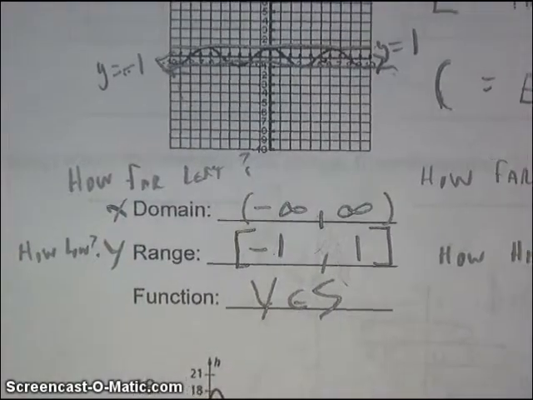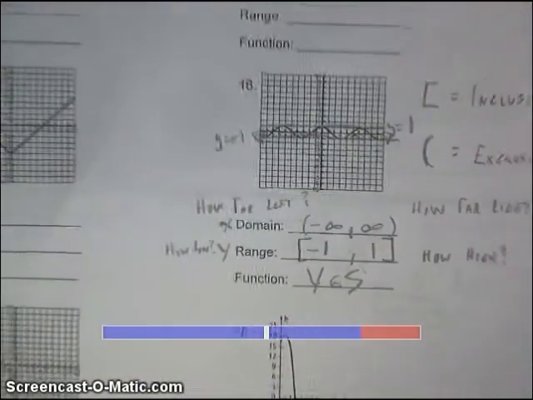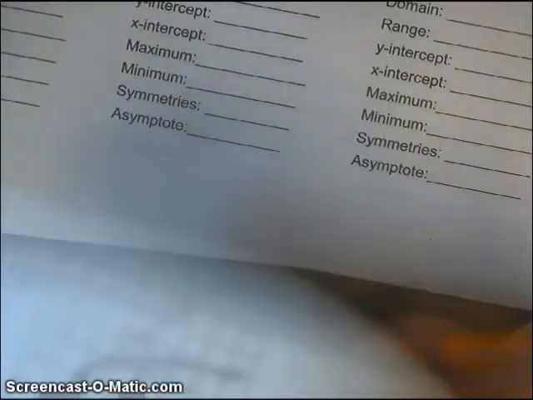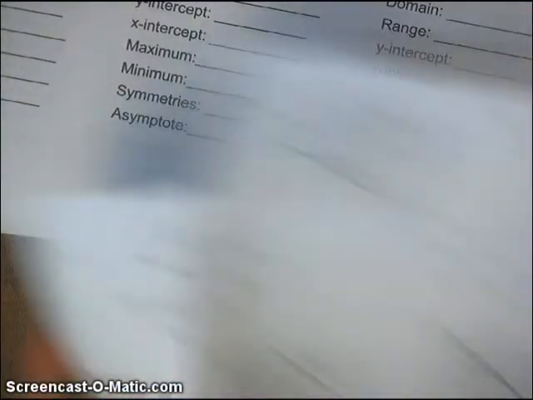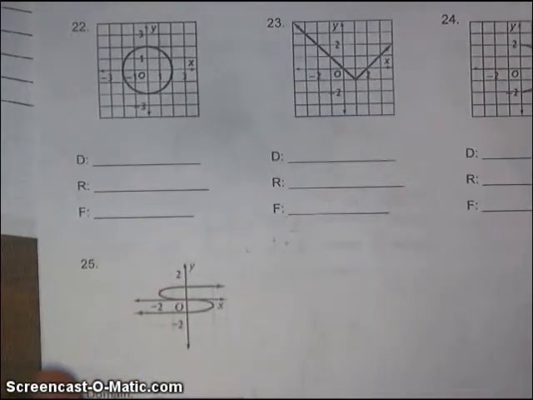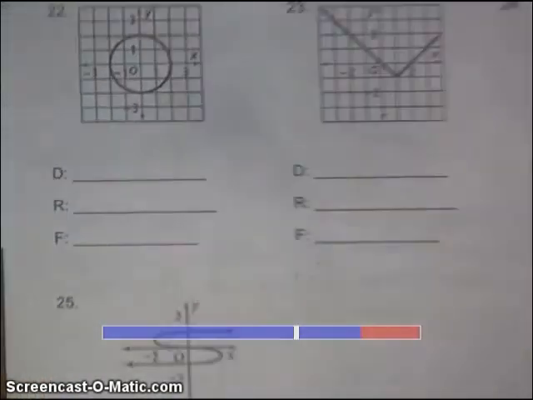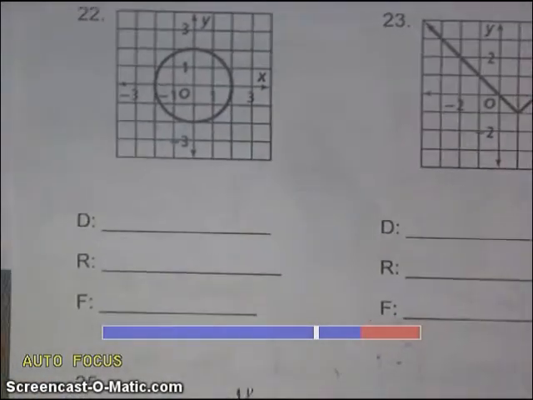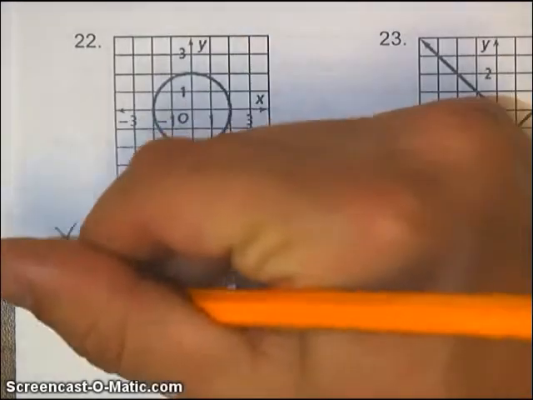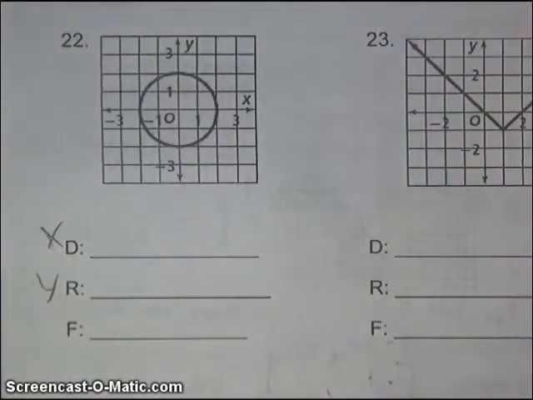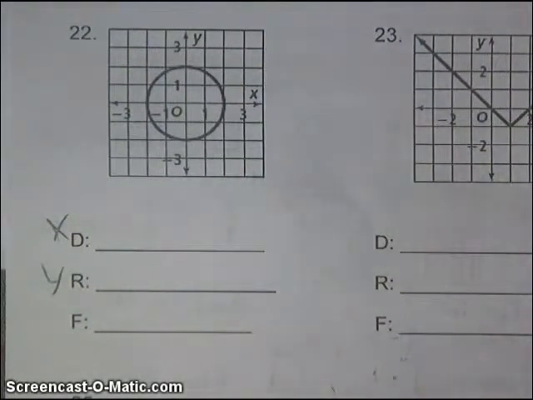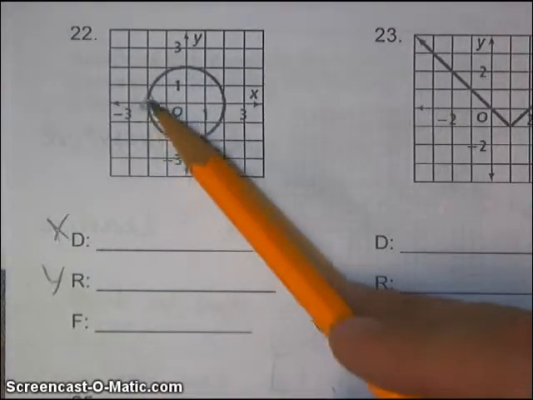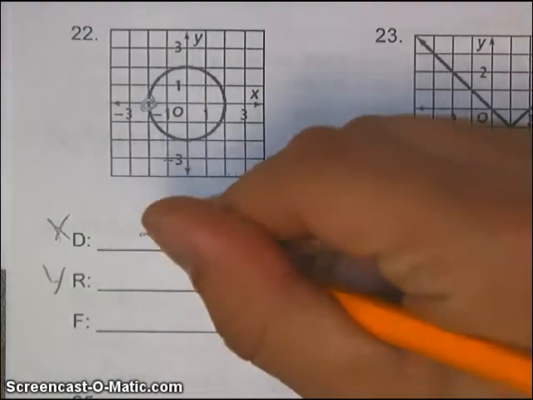Let's do one more like that. Let's do the circle on number 22. So again, the domain is all the x's, the range is all the y's. So how far left, how far right? The furthest left this thing goes is right here at -2.